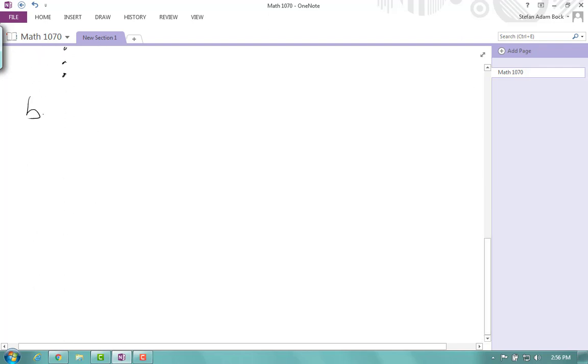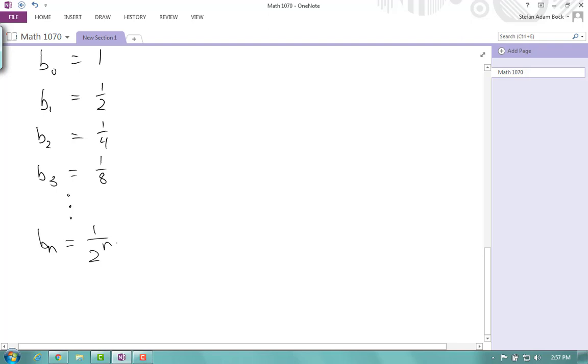I can just find a new sequence, b sub n, where b sub 0 is equal to 1, b sub 1 is equal to 1/2, b sub 2 is equal to 1/4, b sub 3 is equal to 1/8, etc. And I can give a more general rule for these by saying b sub n is equal to, let's see, I had 1/2, I had 1/4, that's 2 squared, 1/8, 2 cubed, so this is 1 over 2 to the power of n.